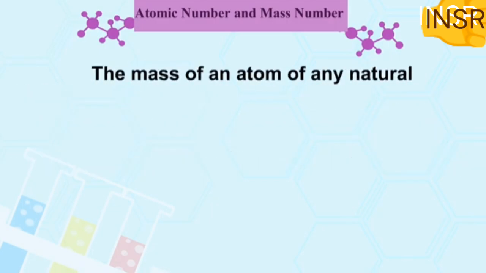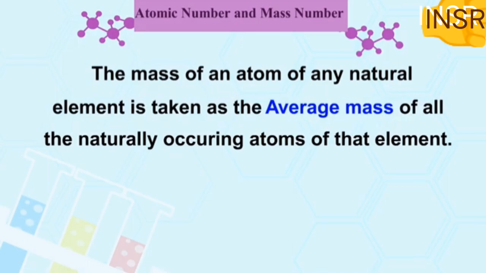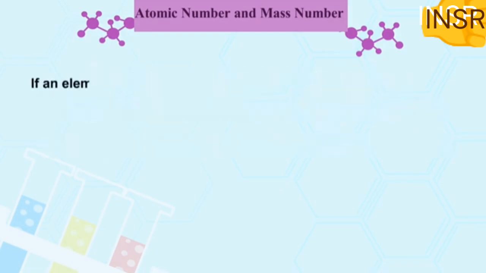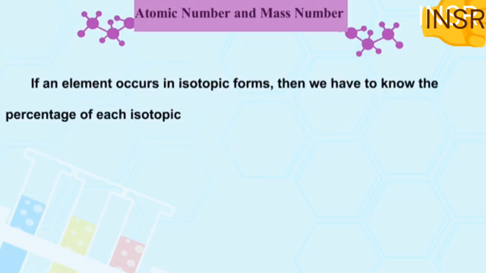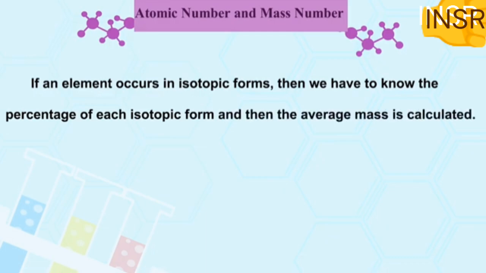The mass of an atom of any natural element is taken as the average mass of all the naturally occurring atoms of that element. If an element occurs in isotopic forms, then we have to know the percentage of each isotopic form, and then the average mass is calculated.